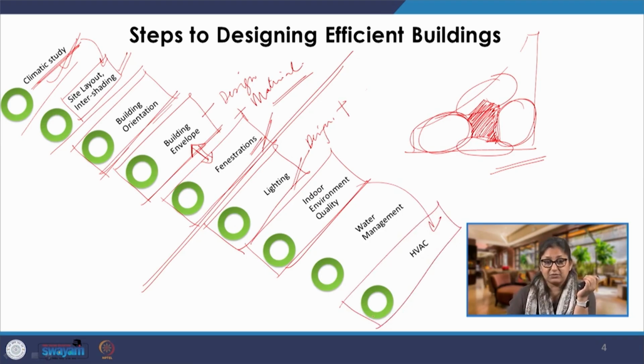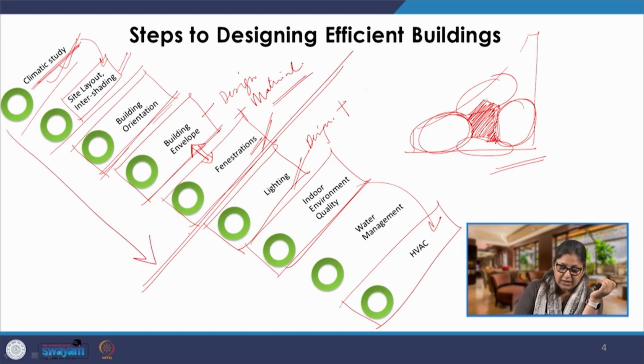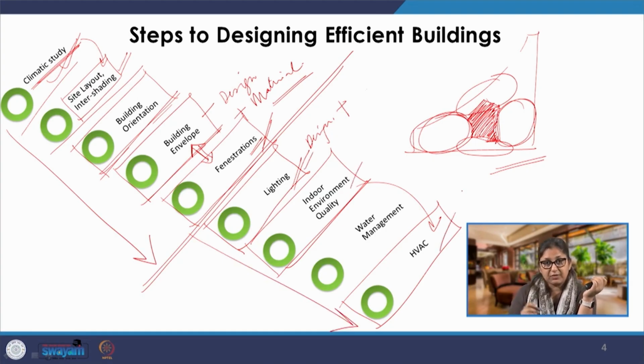So, we will design HVAC. First, reducing the requirement for energy through passive design, and after that further reducing the requirement for energy through selection of different systems here. Once we have done that, we would have reduced the requirement for energy significantly, probably by 50% if we design them properly from a conventional base case.